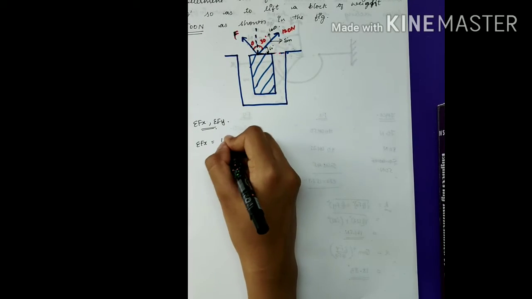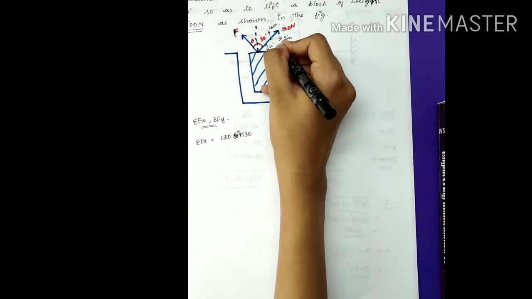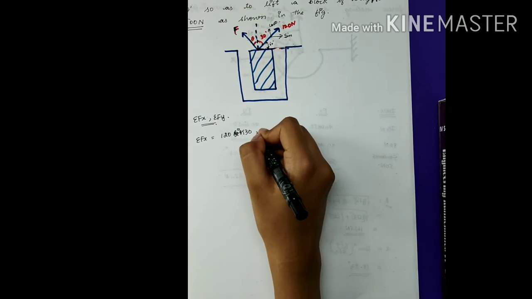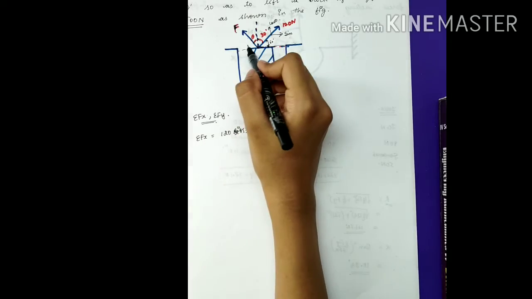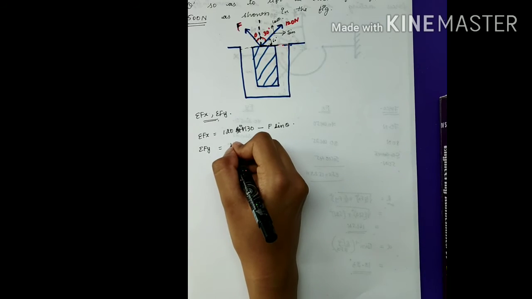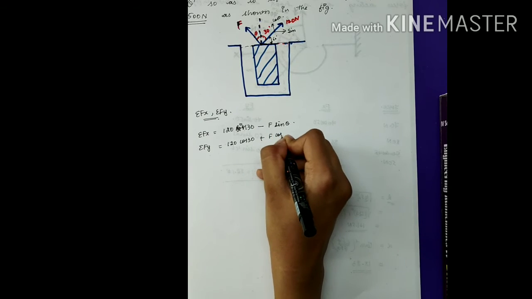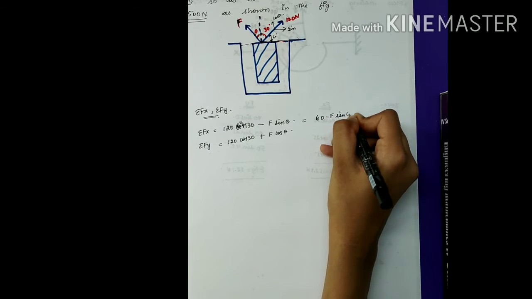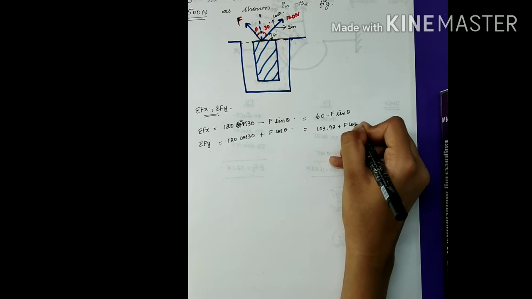So summation Fx is 120 sine 30, because I'm calculating in the x direction, and here also I have minus F sine theta because my x component will be along the left side. Next, summation Fy is 120 cos 30 plus F cos theta. If you solve this you will get 60 minus F sine theta, whereas this is 103.92 plus F cos theta.